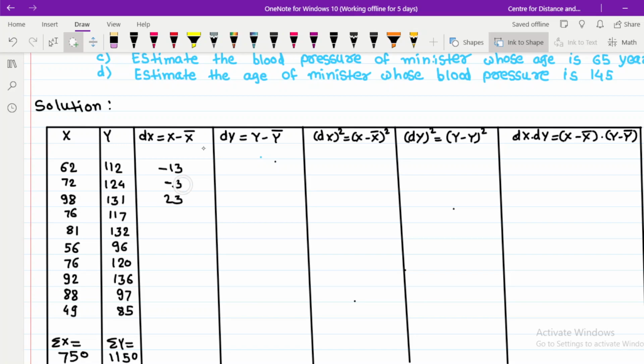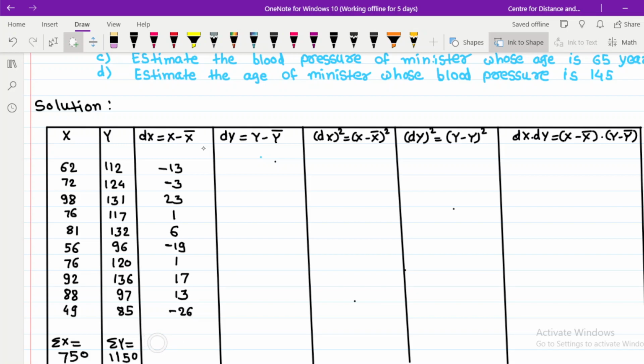In this example, the value of dx for x equal to 72 is printed as 3 by printing mistake, but 72 minus 75, we get minus 3. Next, 76 minus 75 is equal to 1. 81 minus 75, 6. Then 56 minus 75, minus 19. Then 1, 17, 13, minus 26.